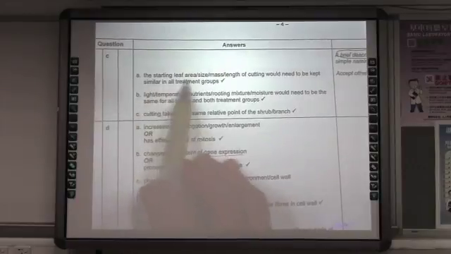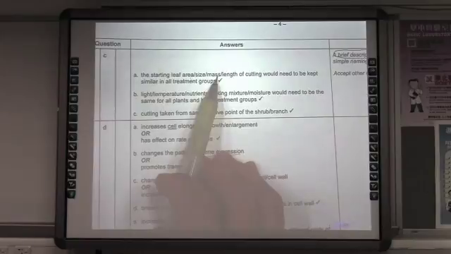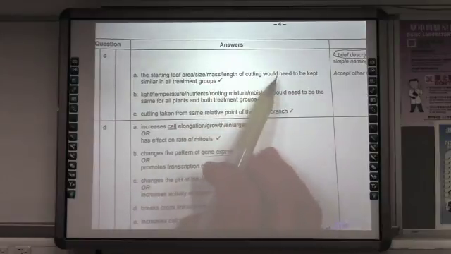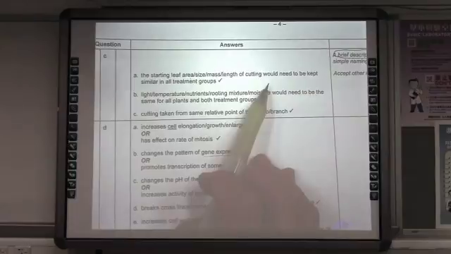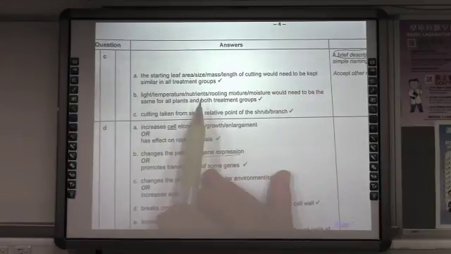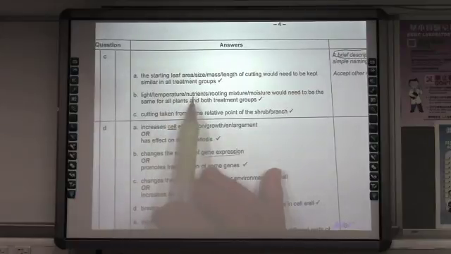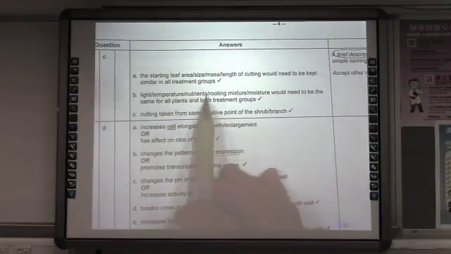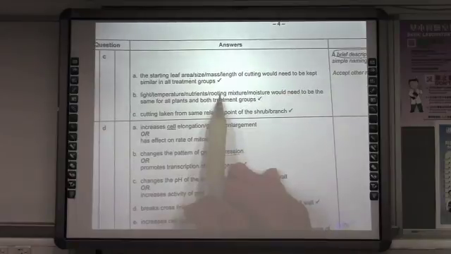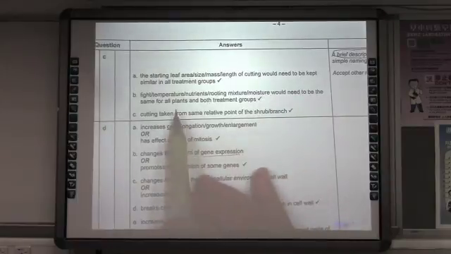The starting leaf area, the size, the mass, the length of the cutting would need to be kept similar in all treatment groups. Or when you're growing them, the environmental factors have also to be kept controlled, like the light, the temperature, the nutrients that you gave the two plants, the rooting mixture, meaning the nutrients, the moisture would need to be the same for all plants and both treatment groups.